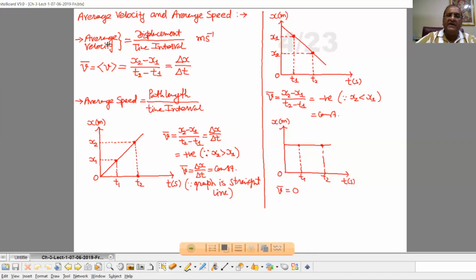And therefore, average velocity can also be positive, negative or zero. And path length or the distance traveled is always positive. Therefore, average speed is always positive. And since displacement is less than or equal to path length, it implies that average velocity can also be less than or equal to average speed. All these things you have to remember because they are very important in problem solving.